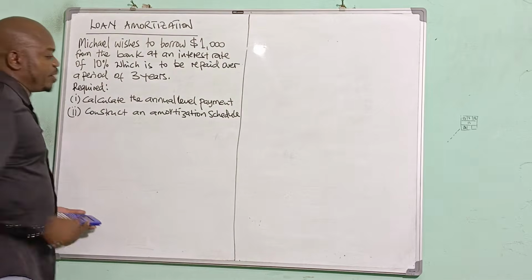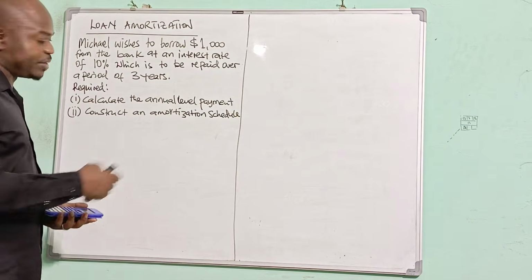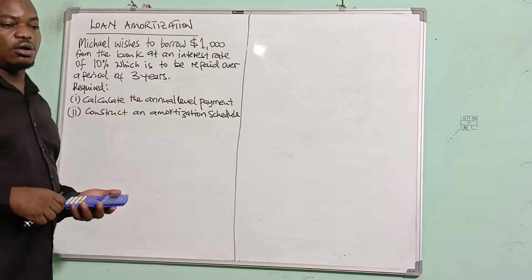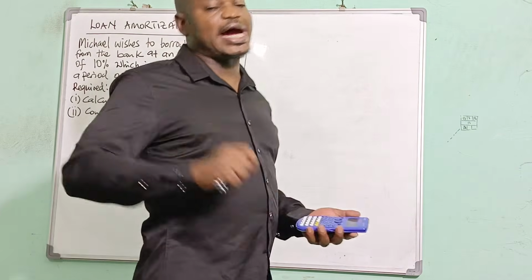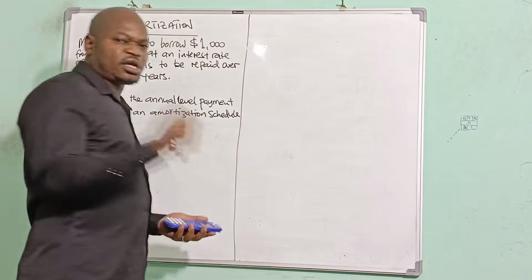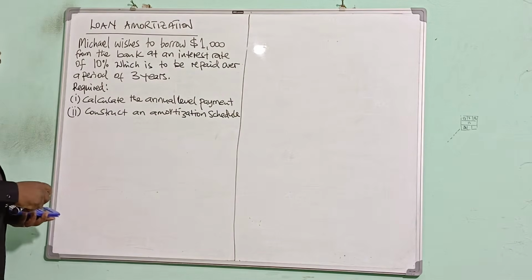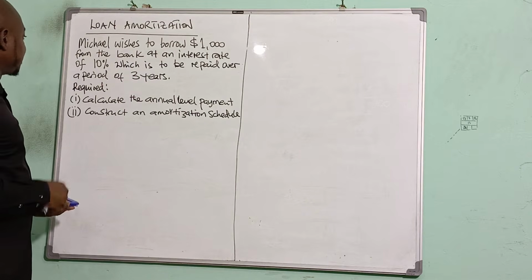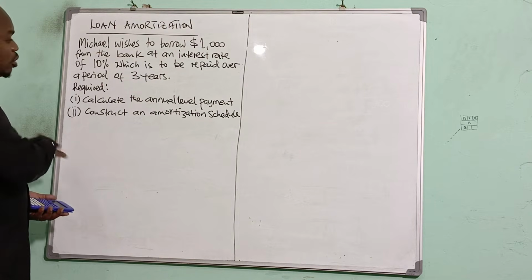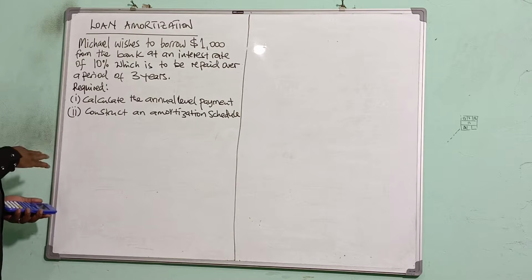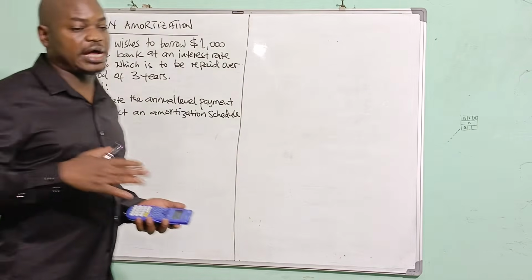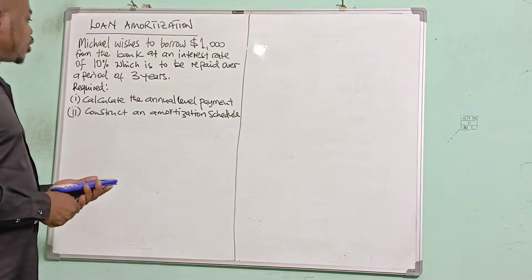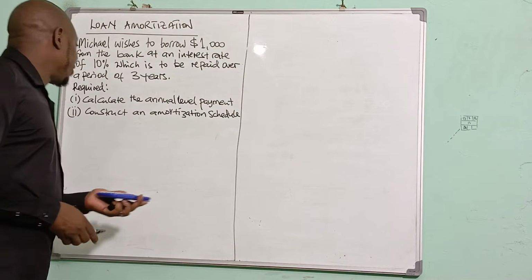So the annual level payment, think about it like that monthly payment that you always make, and it shouldn't change. When the bank deducts, they should deduct the same amount, believing that the interest rate is the same. So the bank will deduct the same amount over the tenure of the loan. Okay, so that's the amount that we're going to calculate, the annual level payment.